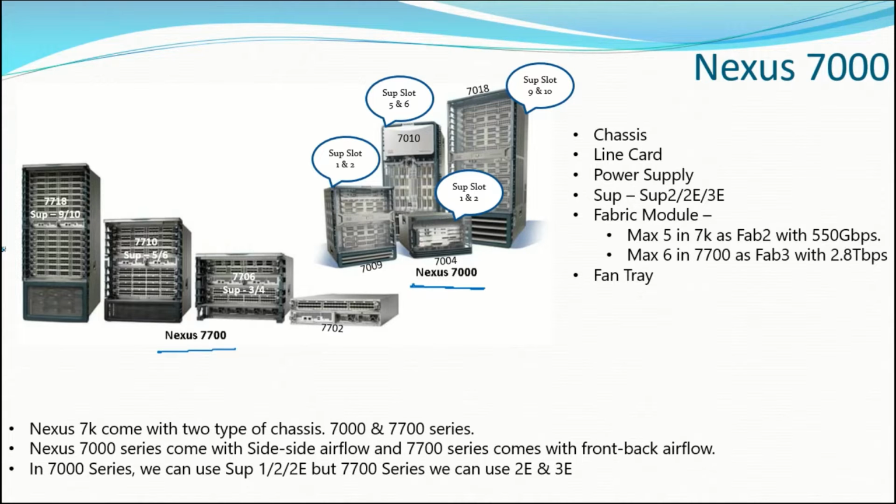In the 7000 series, they came with variant models. The very first models they brought are the small ones: 7004, 7009, 7010 and 7018. The 10 and 18 models are the same in the 7000 and 7700 series of switches.